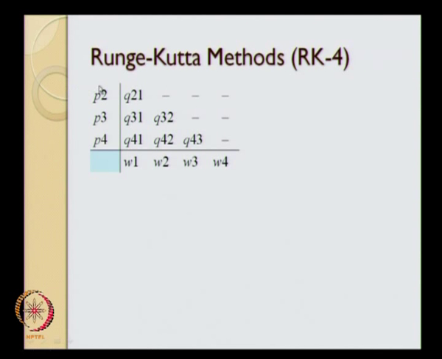So the table in the case of the RK4 method will have P2, P3, P4, Q21, Q31, Q41, Q32, Q42, Q43 and the weights W1, W2, W3, W4. Okay. So, as long as this table is given to you and I tell you that this is going to be the RK4 method, you can then use these values in order to solve the ODE using the RK4 method.